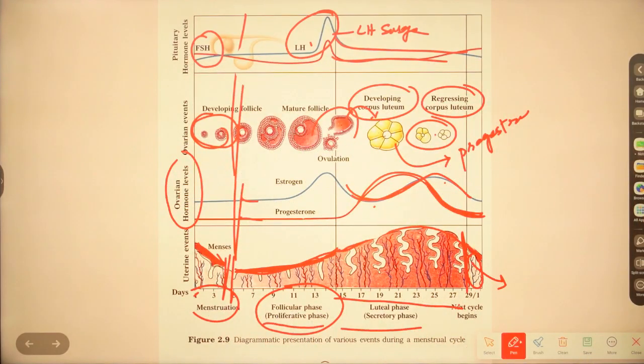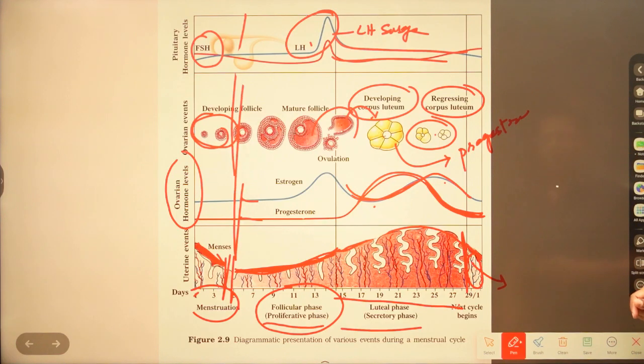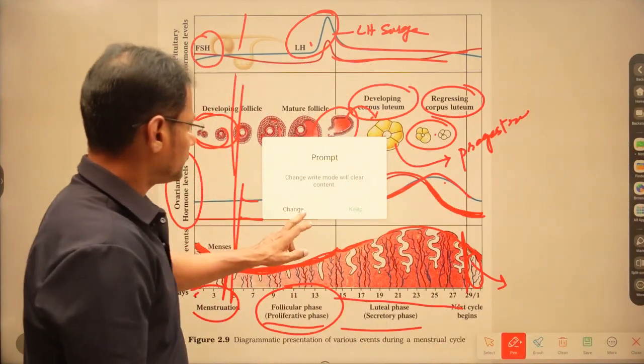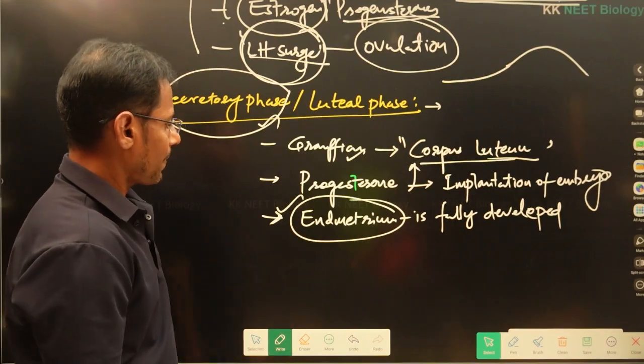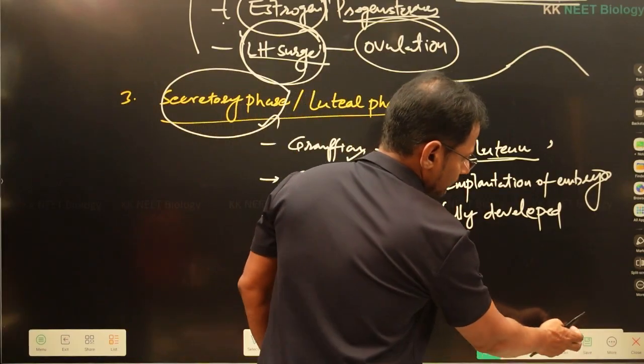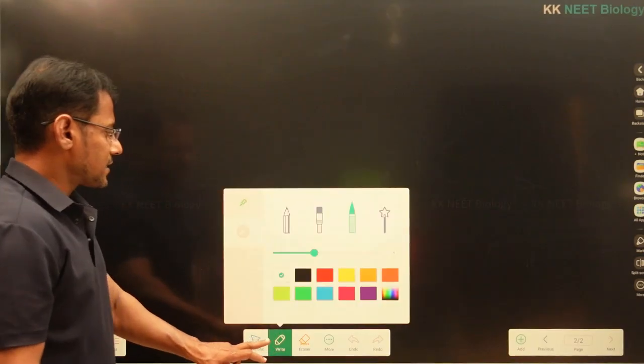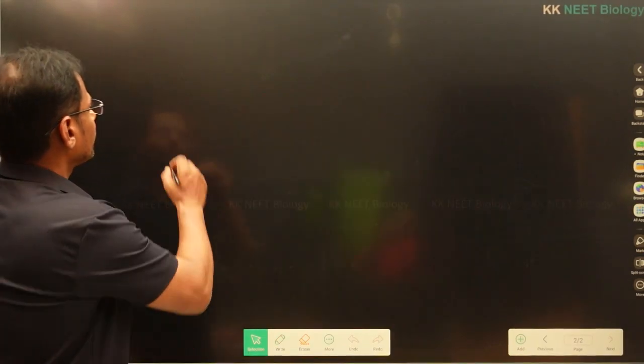Let us see how fertilization takes place and what the different events in fertilization are. The next process is fertilization.